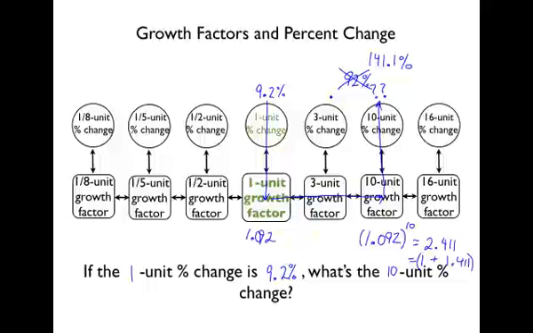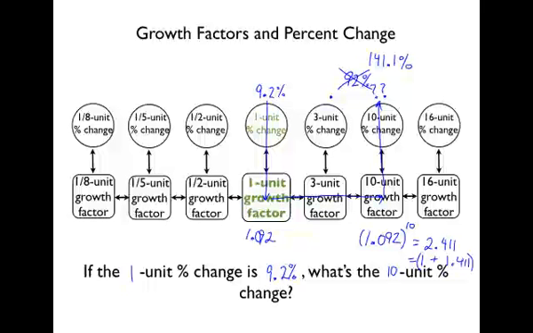So if you just took 9.2% of the initial amount and then kept adding on that amount, that would be a 92% increase. That's not what exponential growth is about. It's about always taking 9.2% of the current value, which is growing. So your amount of increase will grow. If we're always taking 9.2% of a greater amount, the amount of increase will grow, and then the cumulative effect of that is a much higher overall percent of increase.